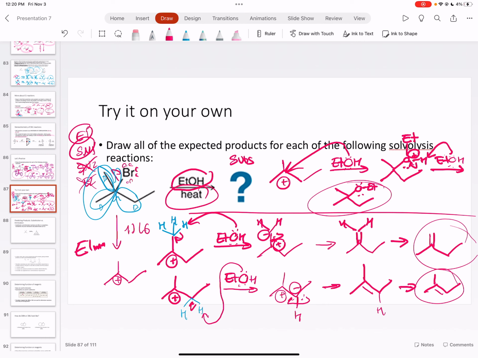Another thing that we have to now consider is the bulkiness of it. So this one is not really bulky. So then I'm gonna teach you something.